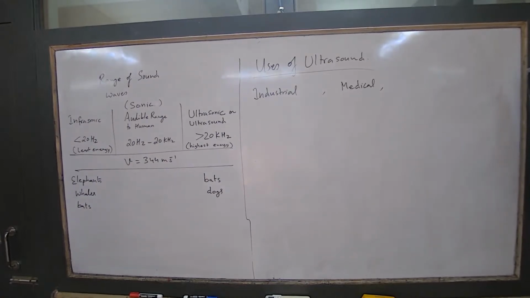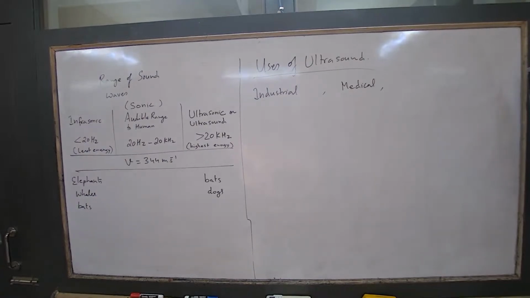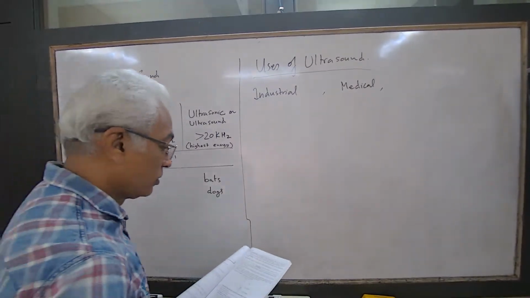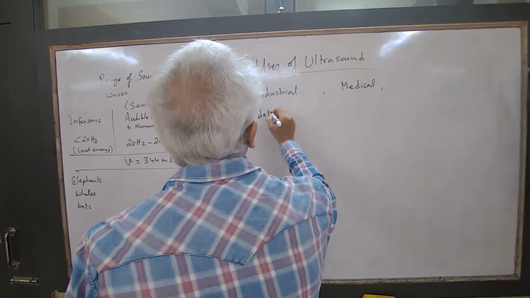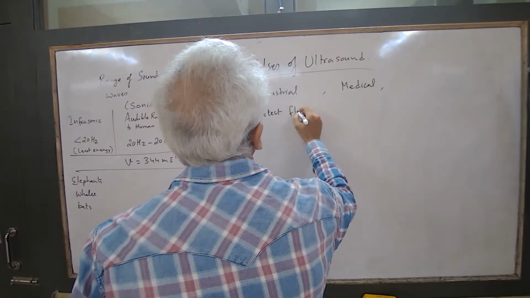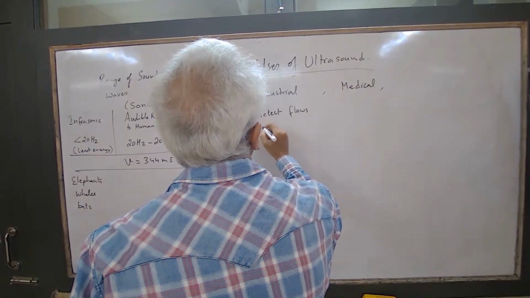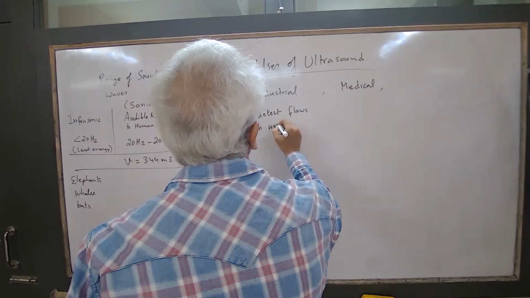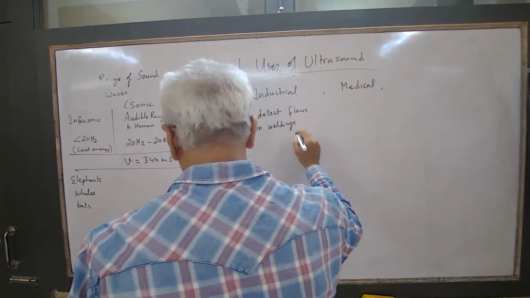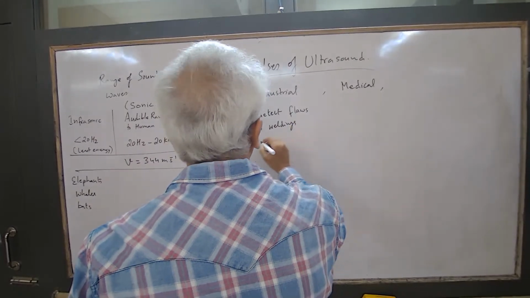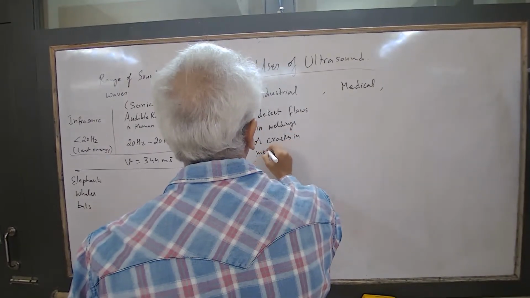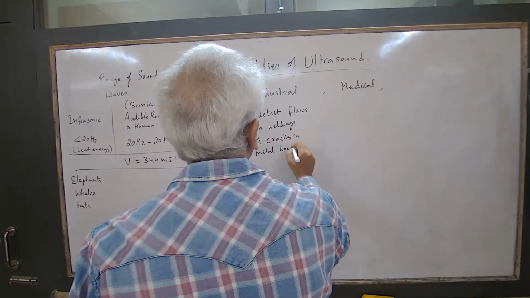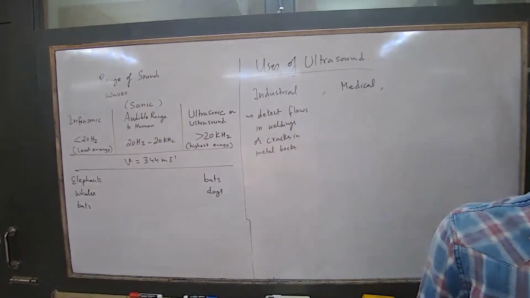On the industrial side, we have cleaning, and it is used to detect flaws, as in welding flaws or cracks in metal blocks.